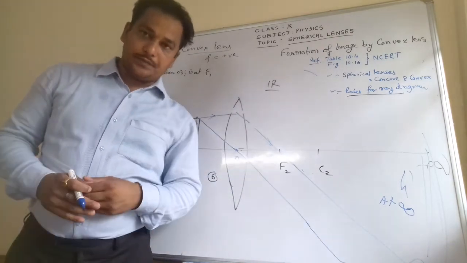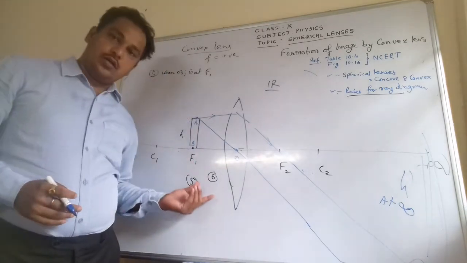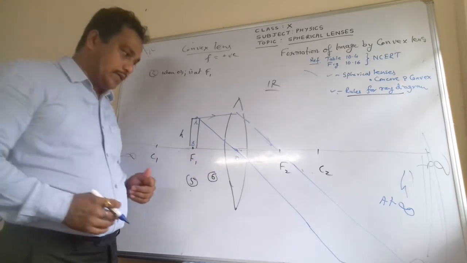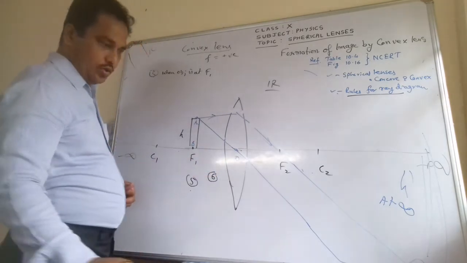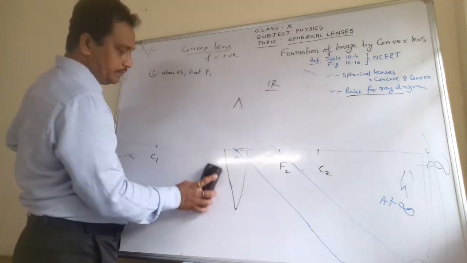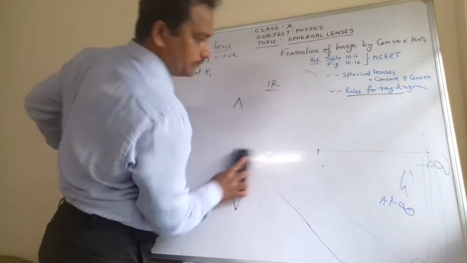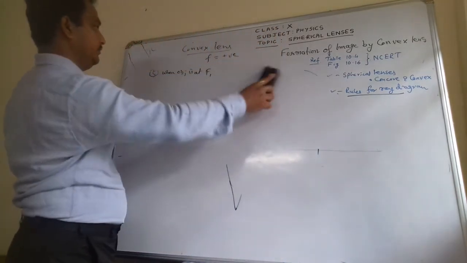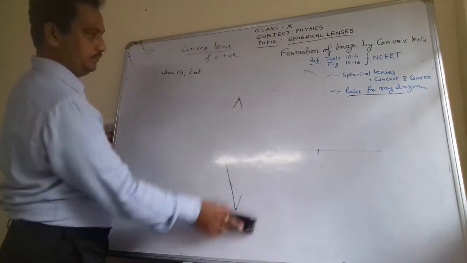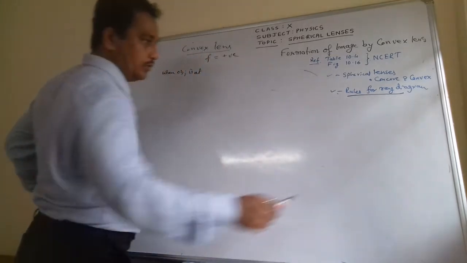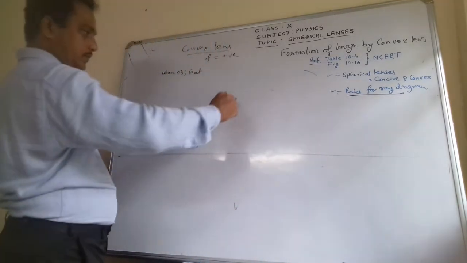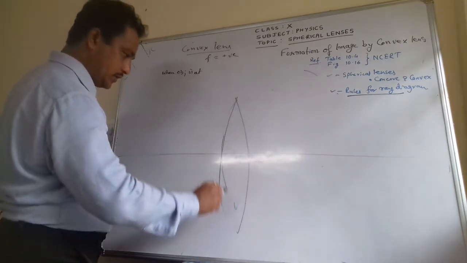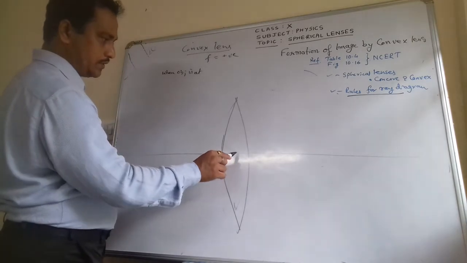and highly enlarged. Now we have reached the last case, when the object will be between F1 and the optic center of the lens. So let us draw that also. So this is the principal axis, this is the convex lens, optic center.